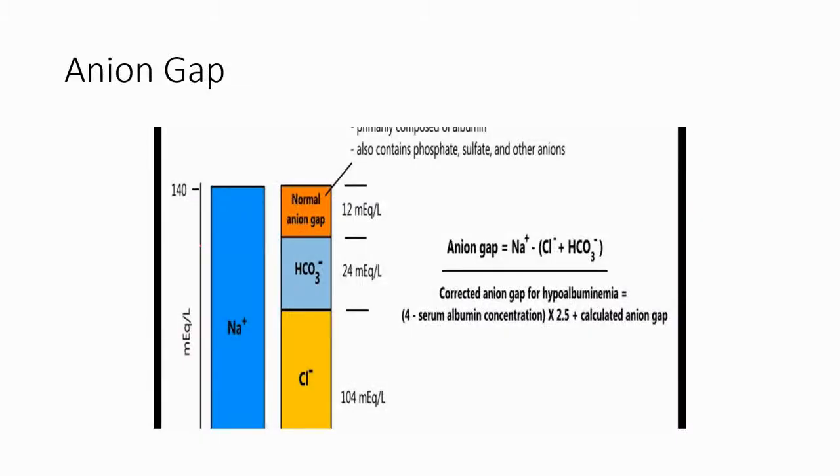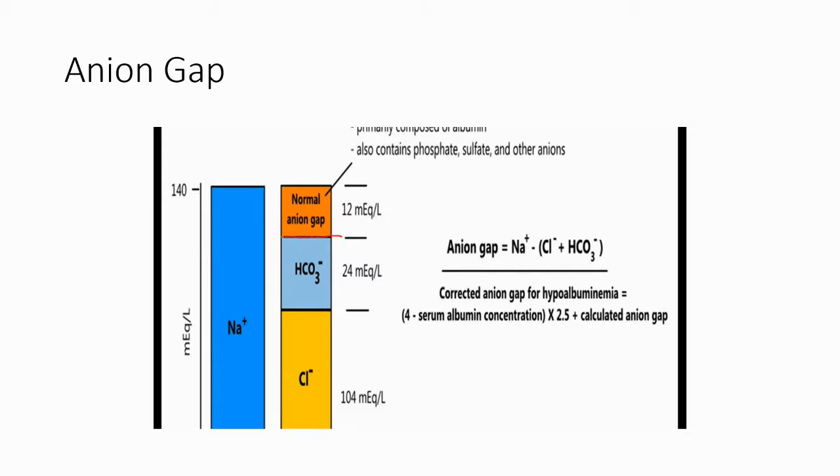This is just a little picture giving you an example of what's going on in an anion gap. When we talk about an anion gap, we're measuring the sodium, which we know is 140 milliequivalents, and comparing it with the bicarb and the chloride, which are the anions right here. When somebody has a chloride of 104 and a bicarb of 24, which is the perfect number, and 140, a perfect value for sodium, it's really not even.